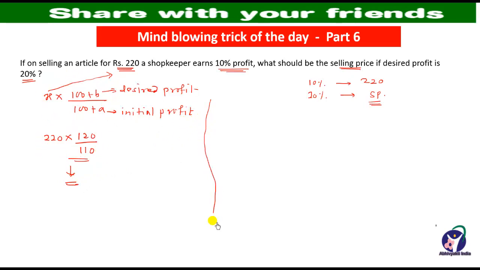Look here, we have seen what the percent selling price is. For 10% profit, the percent selling price is rupees 110, and for 20% profit, the percent selling price will be 120.